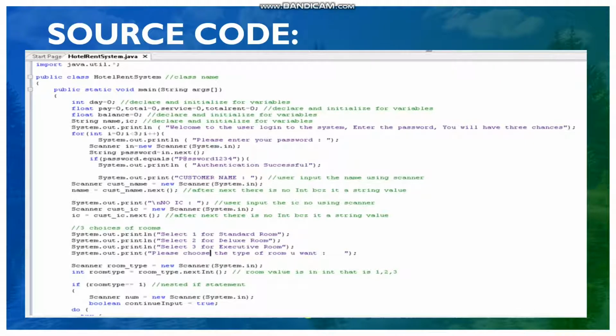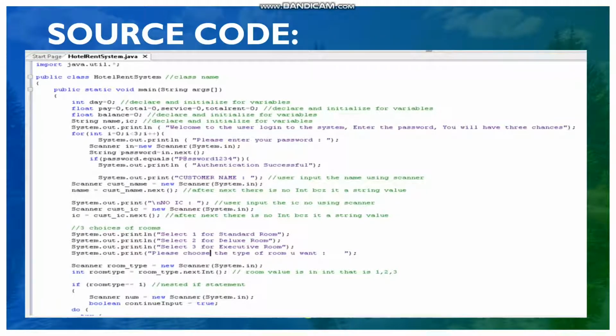The next is float pay equal to 0, total equal to 0, service equal to 0, totalRent equal to 0, declared and initialized as variables. Next, float balance equal to 0 is declared and initialized. And String name, IC are declared and initialized as variables.